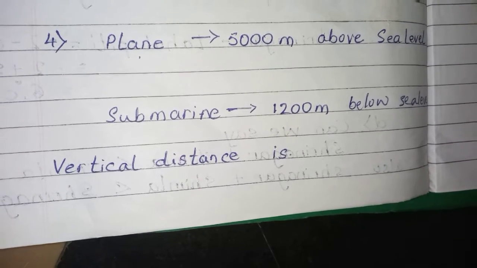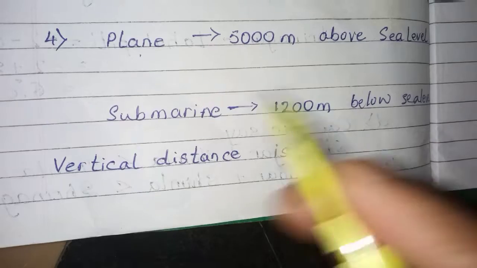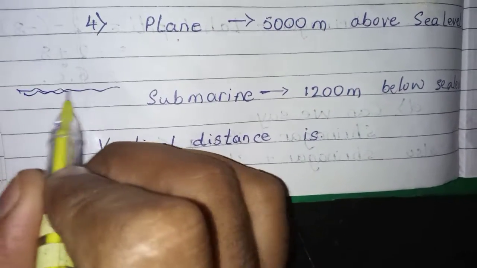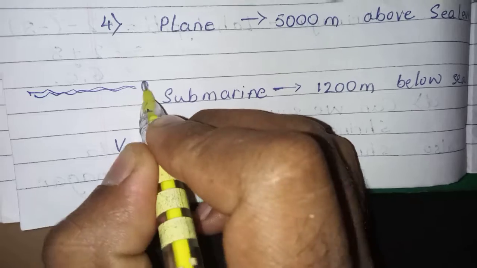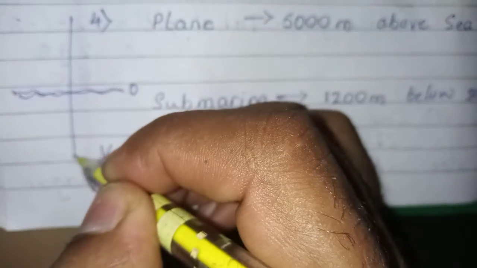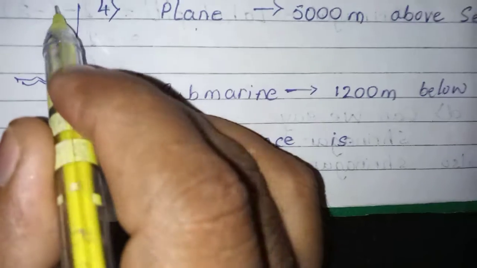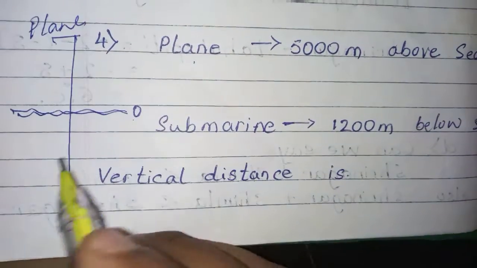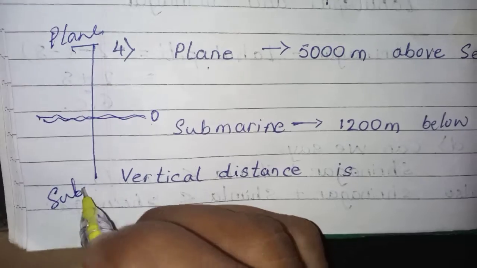For this question, you have to take the sea level as 0 of your number line and put the number line vertical. The top gives you the plane and this is the submarine.